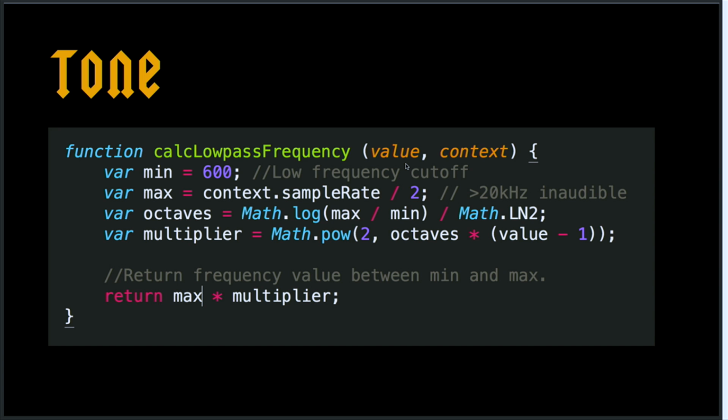Okay, so that's what this looks like. We're going to have a minimum of 600 kilohertz. This says basically don't roll off any frequencies below that. We're always going to have that baseline because we don't want to roll them all off, otherwise we would get no sound coming out. The maximum is the sample rate, which you can get from the context as well, divided by 2. The common sample rate that we're using here is 44.1 kilohertz, which is what CDs use.